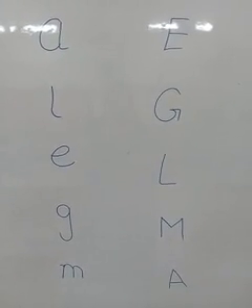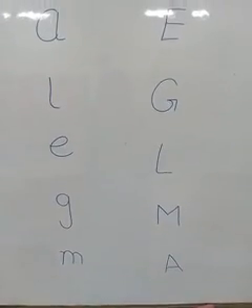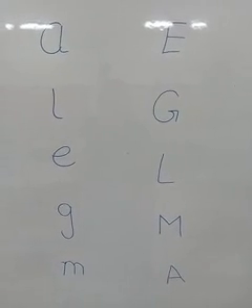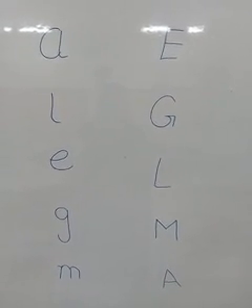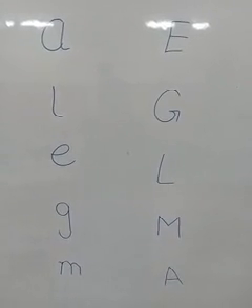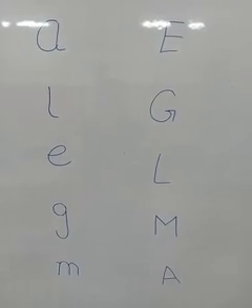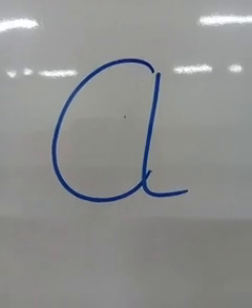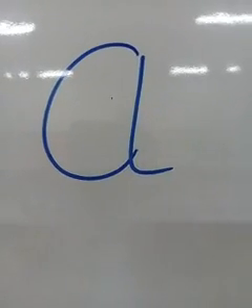Now we have some matching activity. As you can see, we have some small letters and capital letters. Now we are going to join the small one with the capital. So this is letter A. Good. Which letter is this?